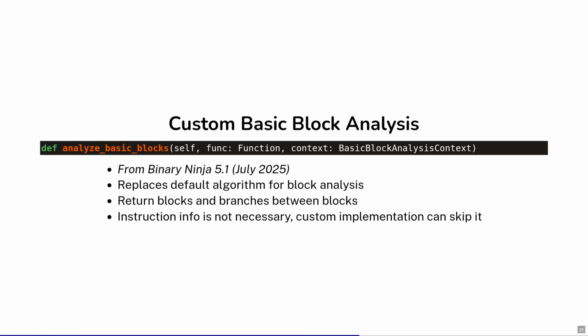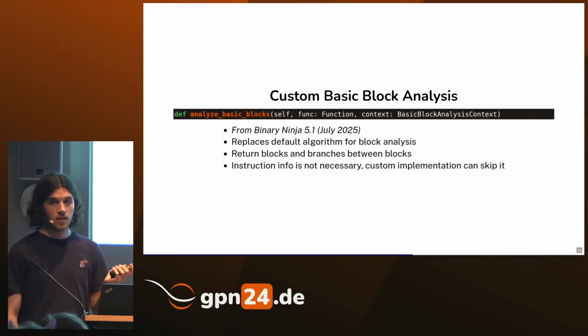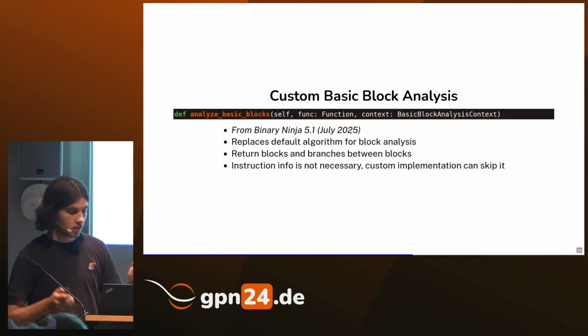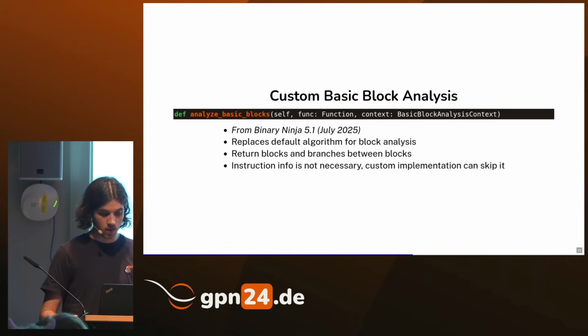In the beginning we talked about instruction info that we generate with the default approach. Now we can use that or skip it if we want, because if we replace the algorithm, no one else will use the instruction info. So if it's useful, you can use it, or you can just leave it out.